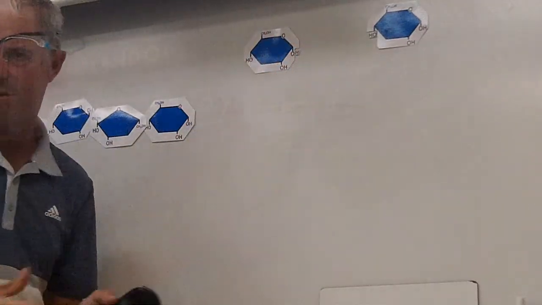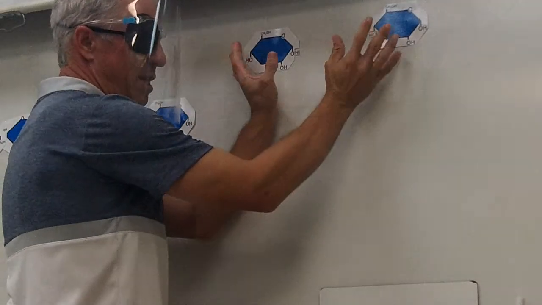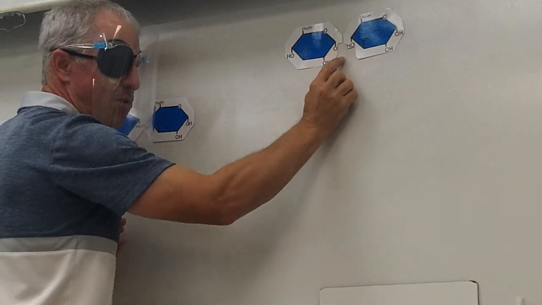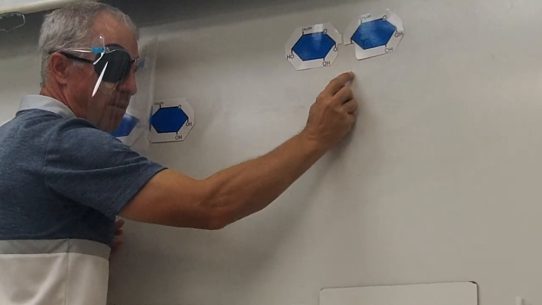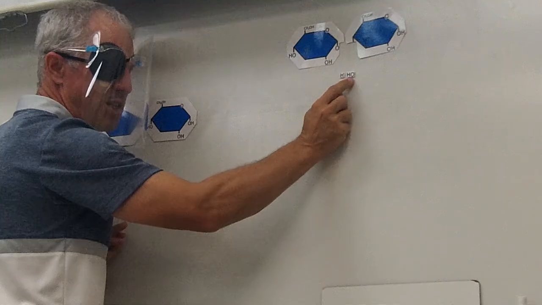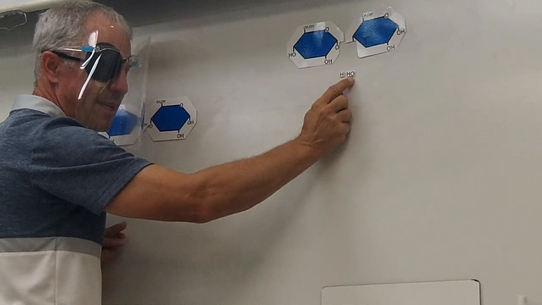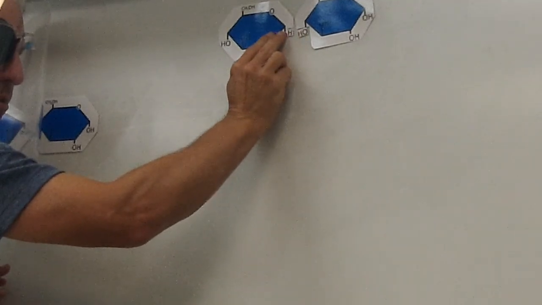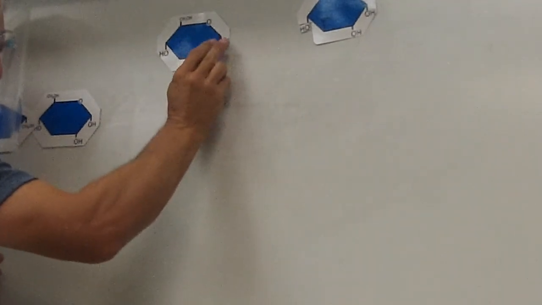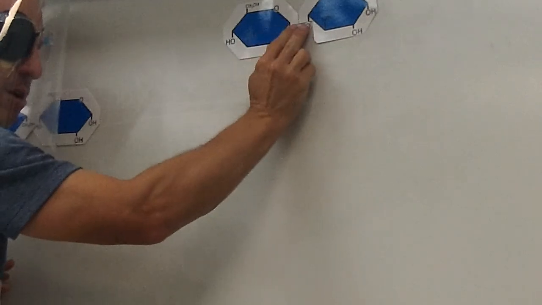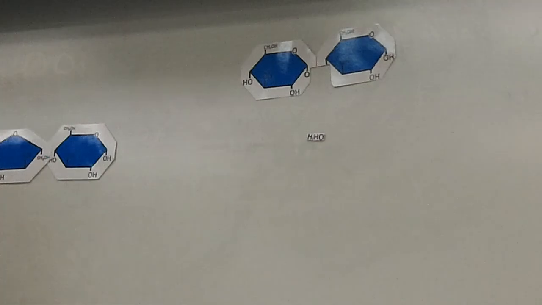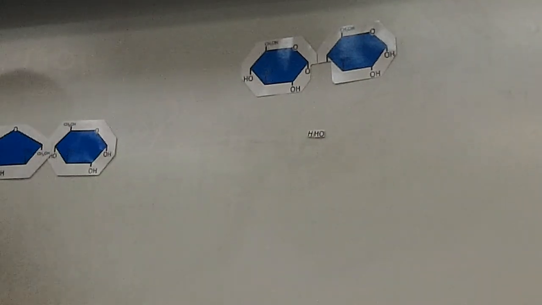An enzyme is like a protein. Y'all remember enzymes from biology? It'll grab each of these and put them together. And this H will come off and this OH will come off. And now we have H2O. You know what that is? Water. So by joining these together, these come off, we form a water molecule. That's why it's called dehydration synthesis.